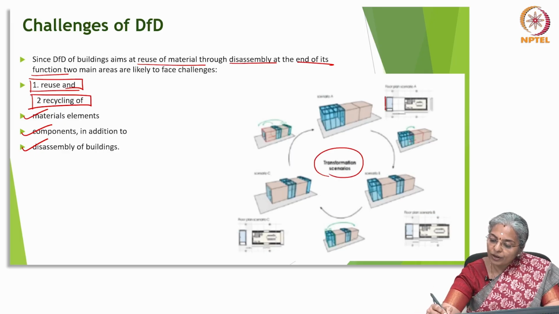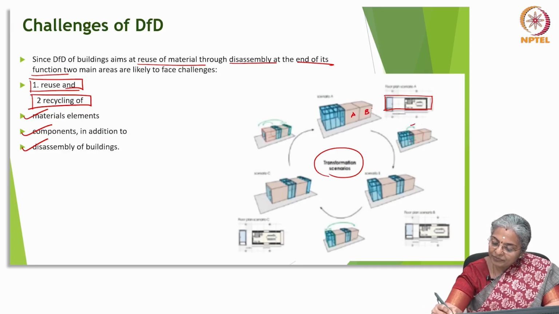So, sometimes we can have transformation that can happen easily. For example, if you have a floor plan like this, which is designed like this, you can start expanding it by shifting this A unit slightly and introducing. See, if we look at what this particular building component comprises, it comprises unit 1 and 2 made up of glass and A and B made up of an opaque material.